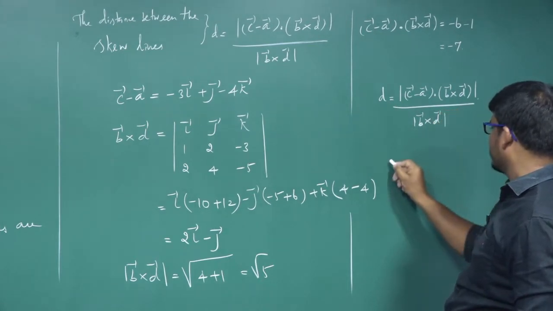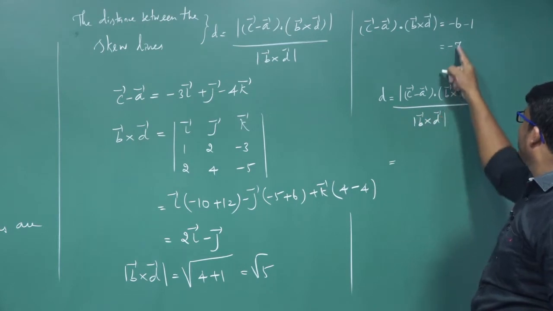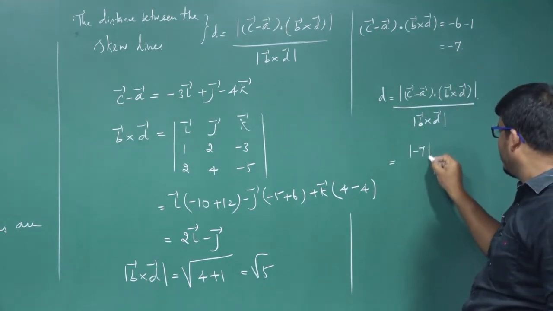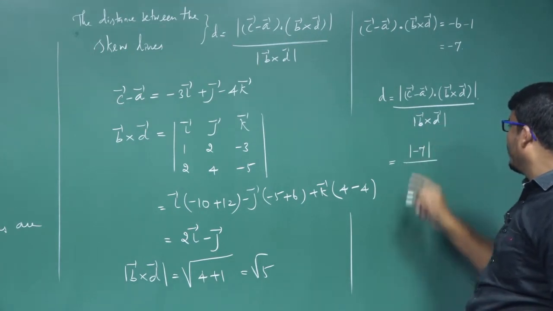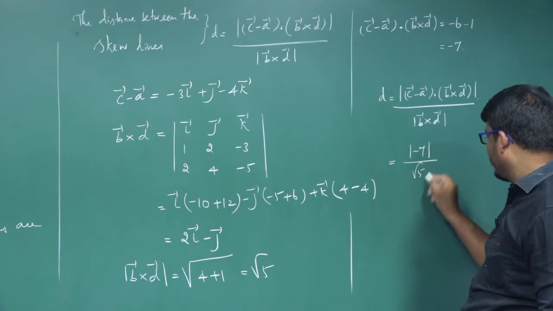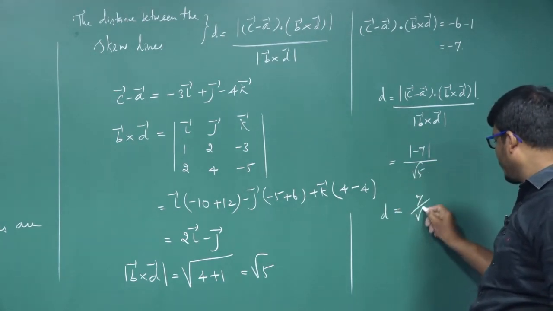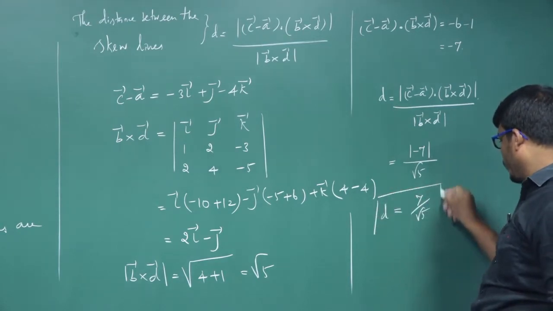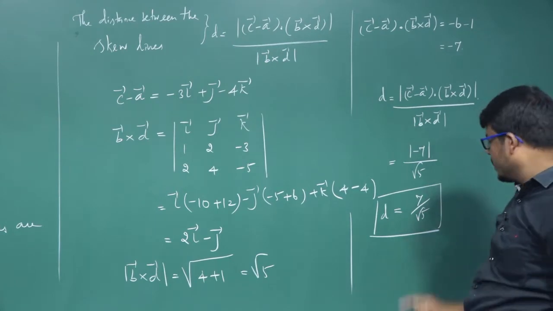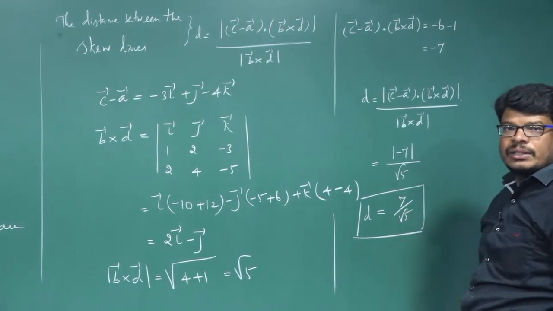The dot product value is minus 7, so the modulus is 7, and the modulus of B cross D is root 5. Therefore the shortest distance between the skew lines is D equal to 7 by root 5 units.